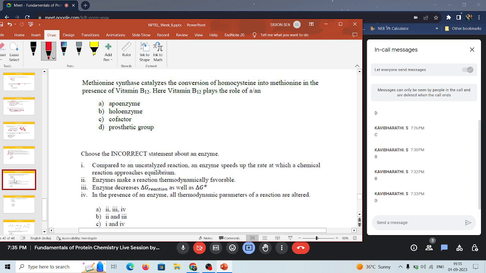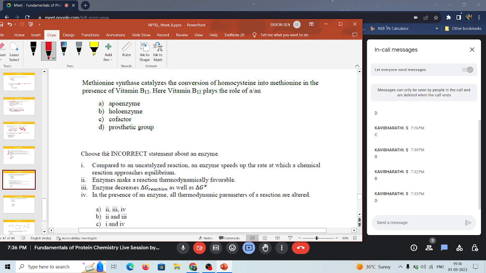So methionine synthase is catalyzing your homocysteine to methionine conversion in presence of B12. So what is B12 actually doing over here?